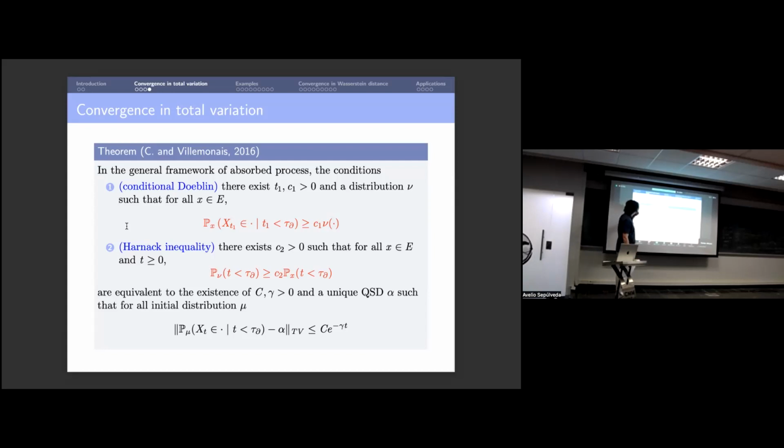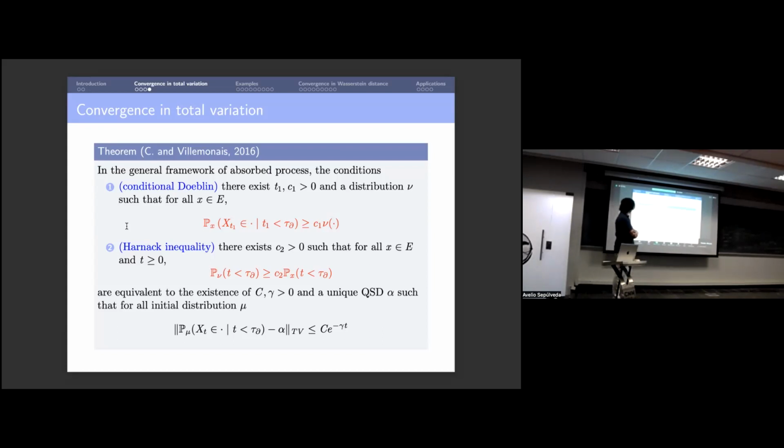So the first, conditional Doeblin, it means that starting from anywhere in the state space E, if I look at the conditional distribution at time t1 given non-absorption at this time, then all these distributions, uniformly on x, are lower bounded by some positive measure that I denote as a constant c1 times a probability measure nu. And so this means that all these processes, regardless of the initial position, share a common part. The conditional distributions share a common part, and so it's a coupling property.